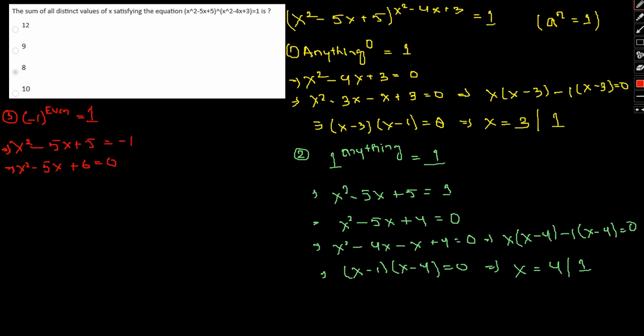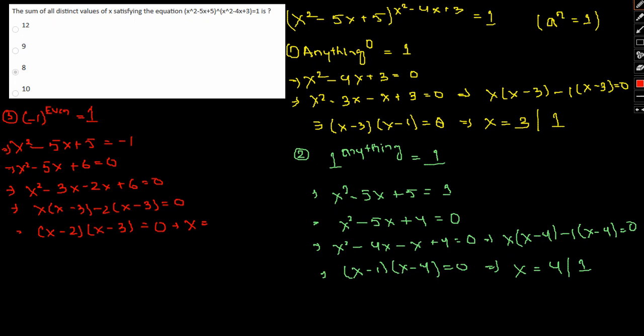Okay, I can write it this way, which can be written as x square minus 3x minus 2x plus 6 equal to 0, or x minus 3 into x minus 2 equal to 0, so x equal to 2 or x equal to 3. Okay, now let me check all this. Now we have values of x equal to 2 and x equal to 3.